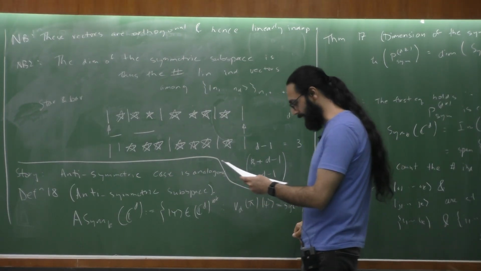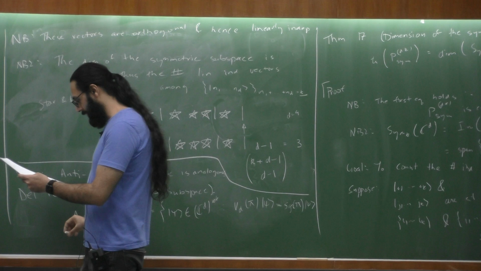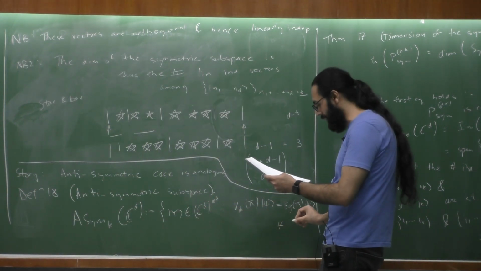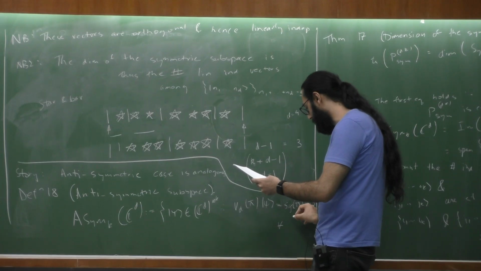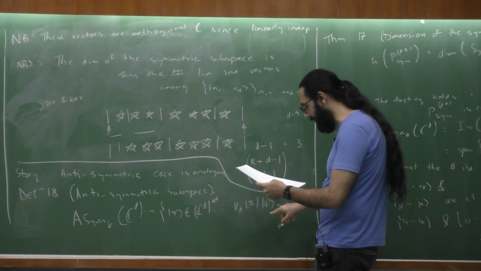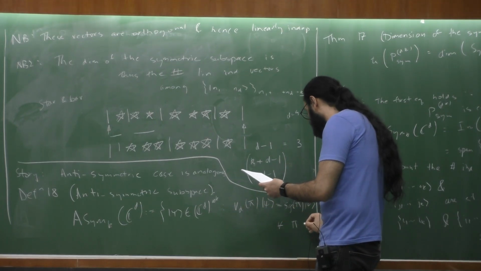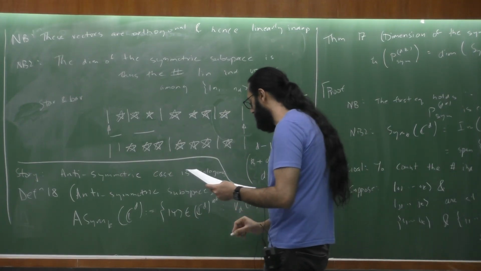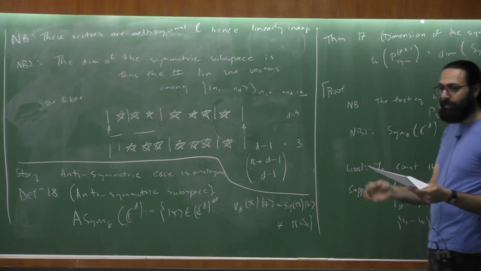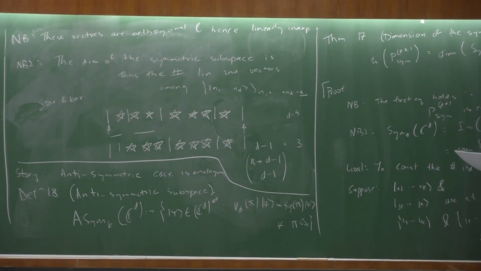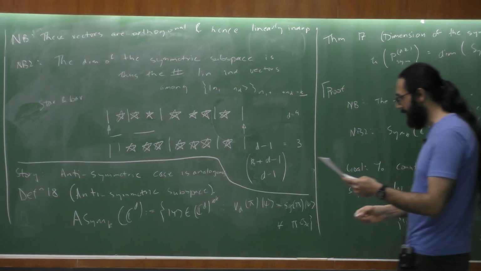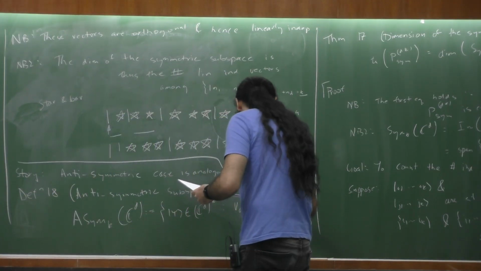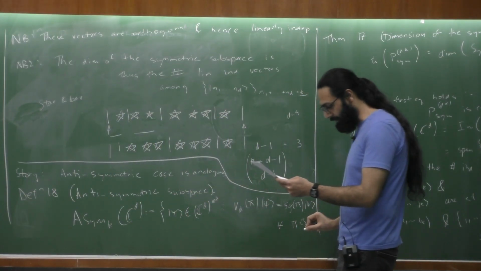If there are only two systems, then if you exchange, you pick up a minus sign, which is exactly the same thing. So where this thing is the sign of the permutation, because I'm not writing it. So you understand. Okay, good.